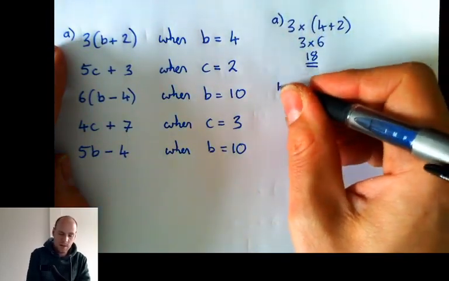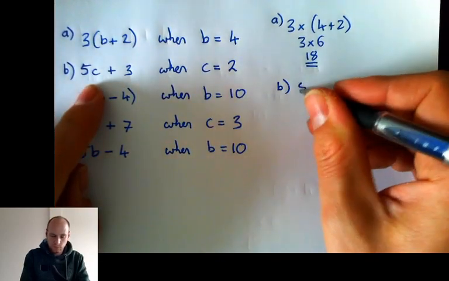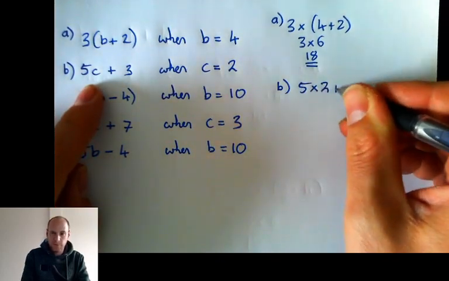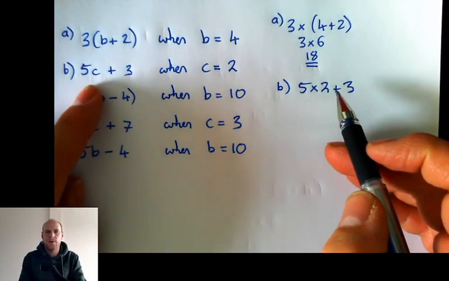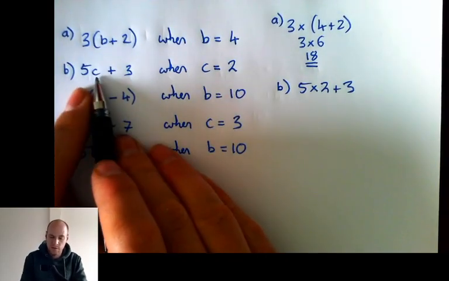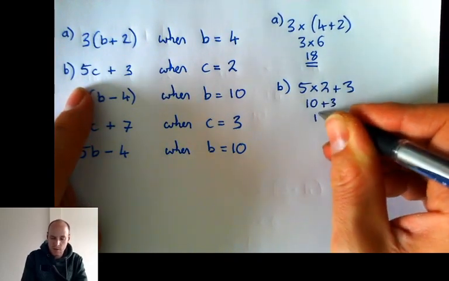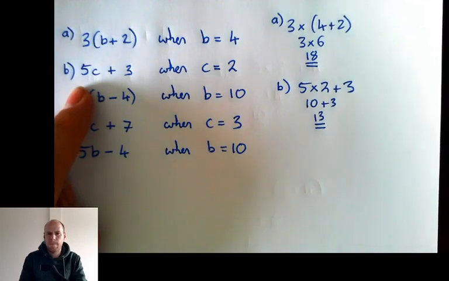B. So you can see I'm just rewriting it, but I'm putting a C equals 2, so I'm replacing C with 2. There you go. Getting 13.